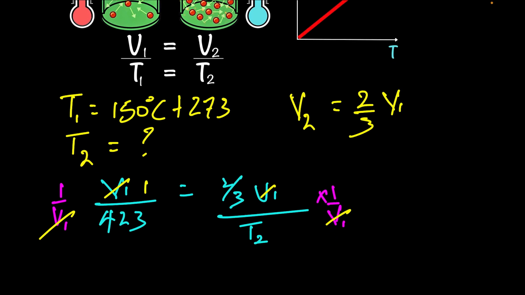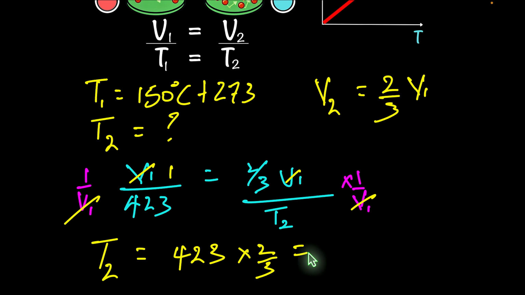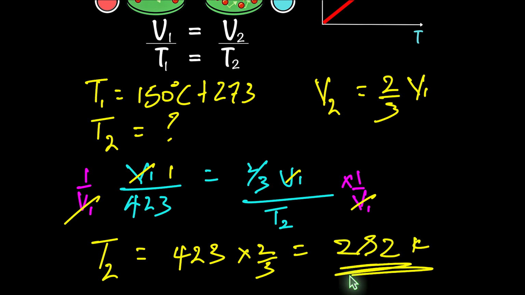We can now work out what T2 is, because that's the only unknown. This is just a little tricky one. If we do a bit of cross multiplying, T2 would be equal to our 423 multiplied by our 2/3, which leaves us with 282 Kelvin. Now, this one was slightly trickier, but it's the same process.